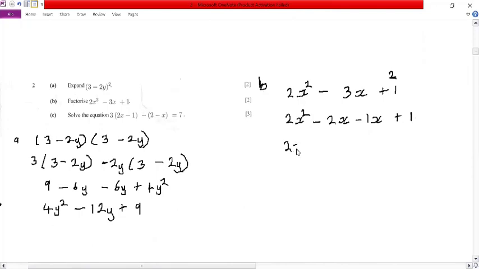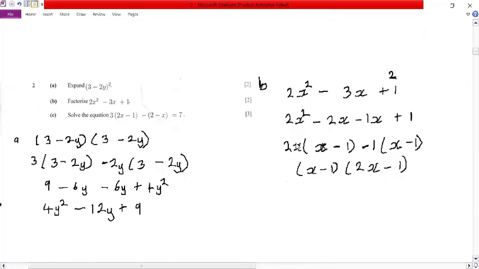So we're going to factor out 2x, then we end up with x minus 1. Then here we factor out minus 1, then we end up with x minus 1. Then our final solution is (x minus 1) and (2x minus 1).